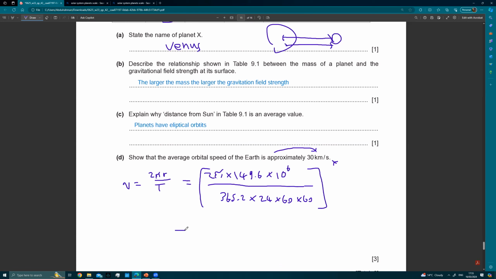Put all of this onto your calculator, and I got 29.789 and so on, which is around 30 kilometers a second.